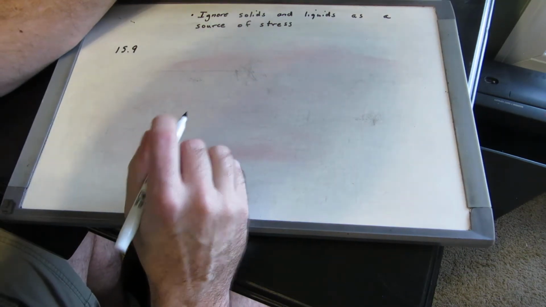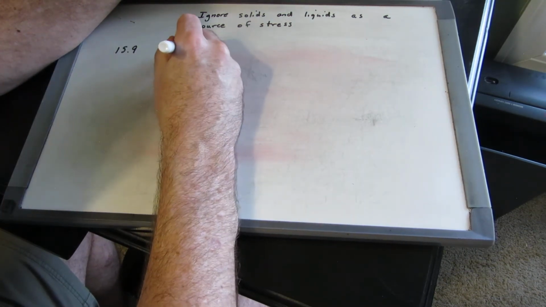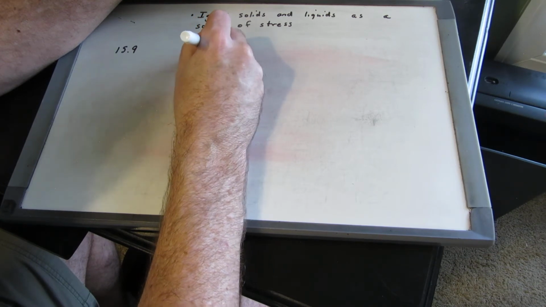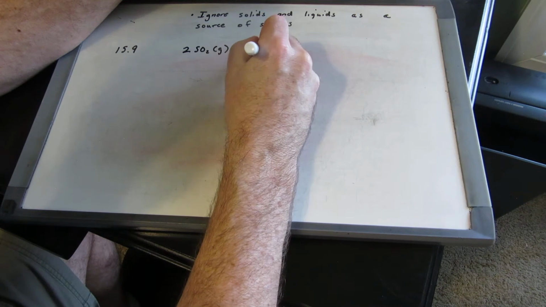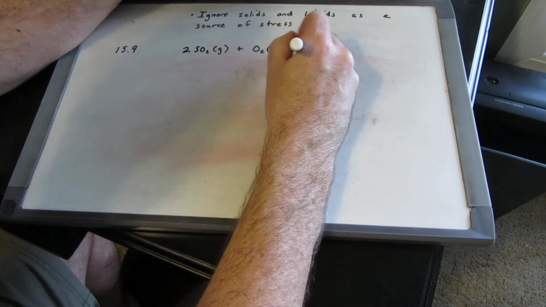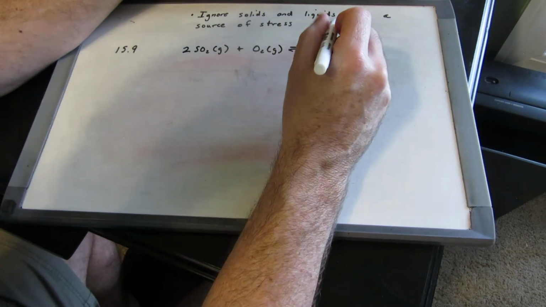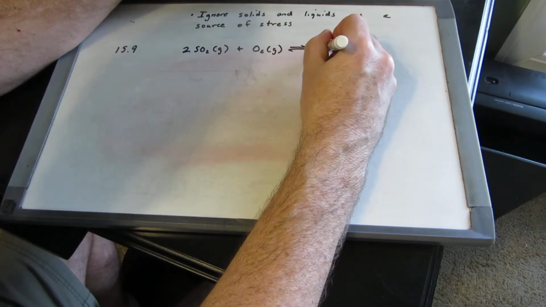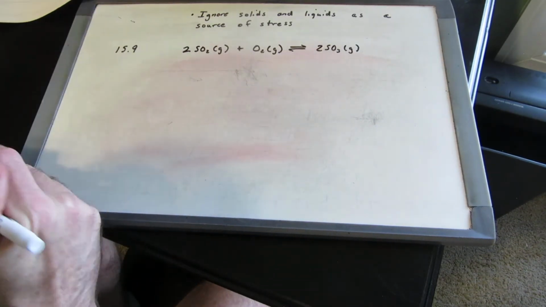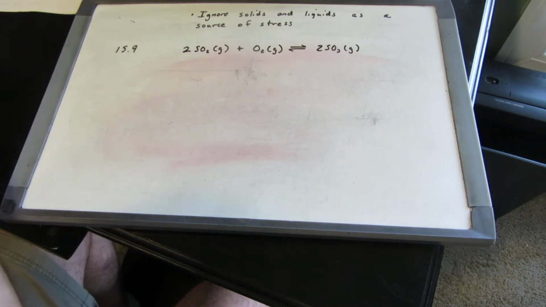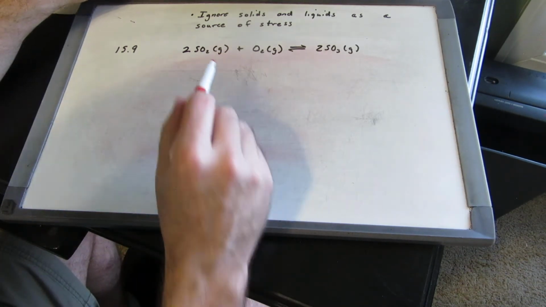Let's take a look at 15.9. We have 2 SO2 gas plus O2 gas, and that makes 2 SO3 gas. So everything is gas. What I'm going to do is add up the gas molecules on the left side.